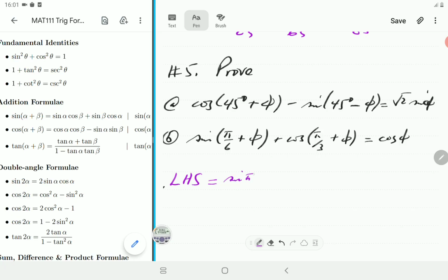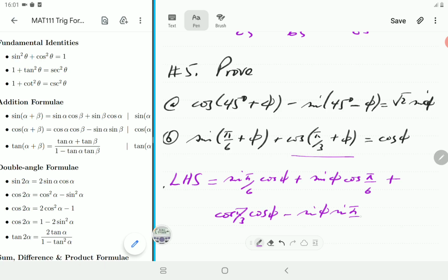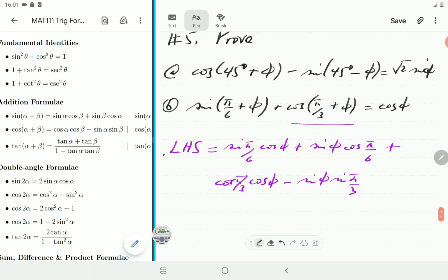So this is going to be sine pi over 6 cosine phi plus sine phi cosine pi over 6, and then plus for the second one I'm going to use the addition formula for cosine, which gives us cosine alpha is pi on 3, beta is phi, minus sine phi sine pi on 3.